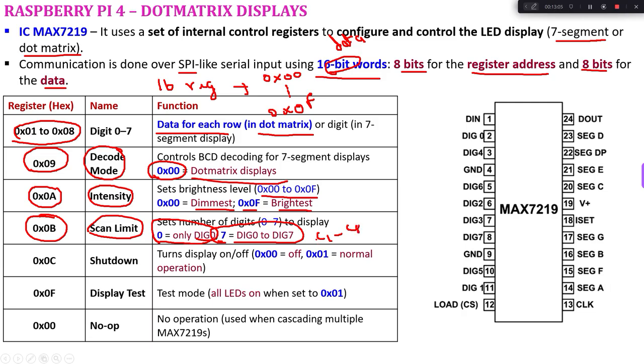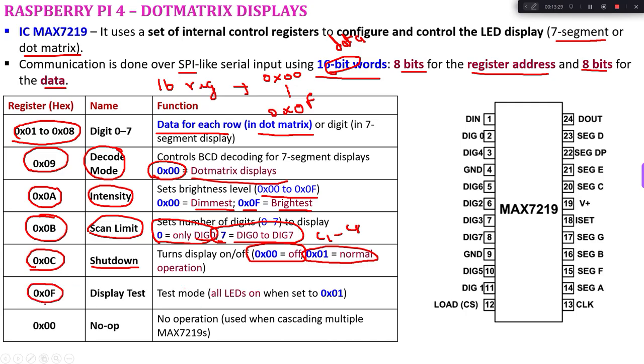activated one by one. Then 0x0C represents the shutdown: setting it to 0x00 switches off the display, and for normal operation we set it to 0x01. If I want to test the dot matrix display, I can use address 0x0F.